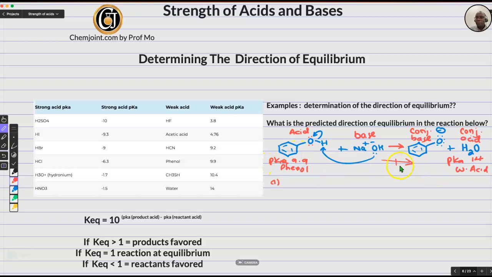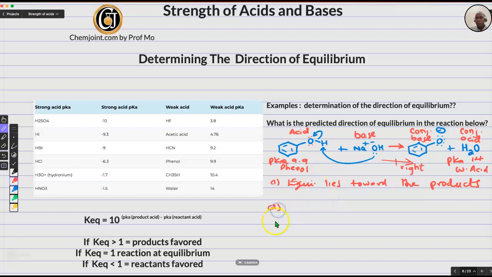So equilibrium is predicted to lie on the right side, toward the products. It favors formation of product.